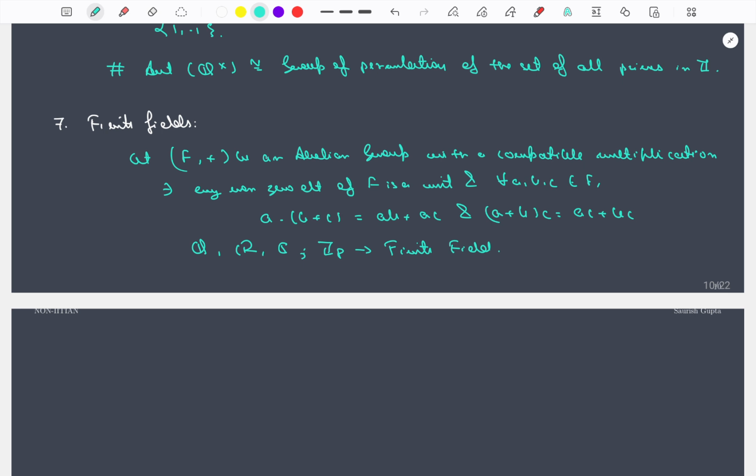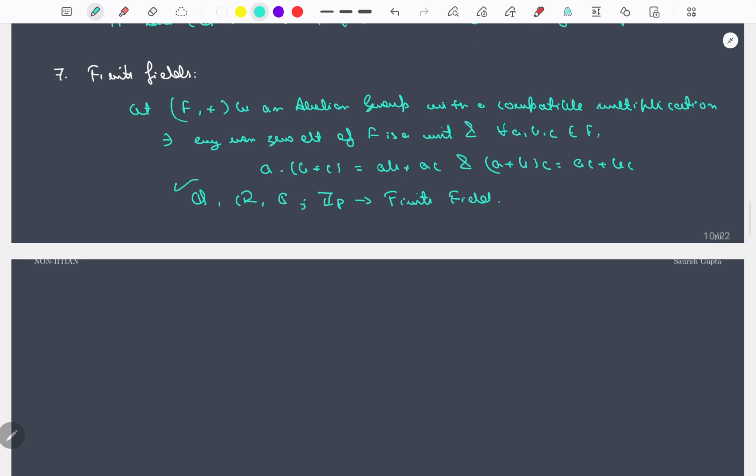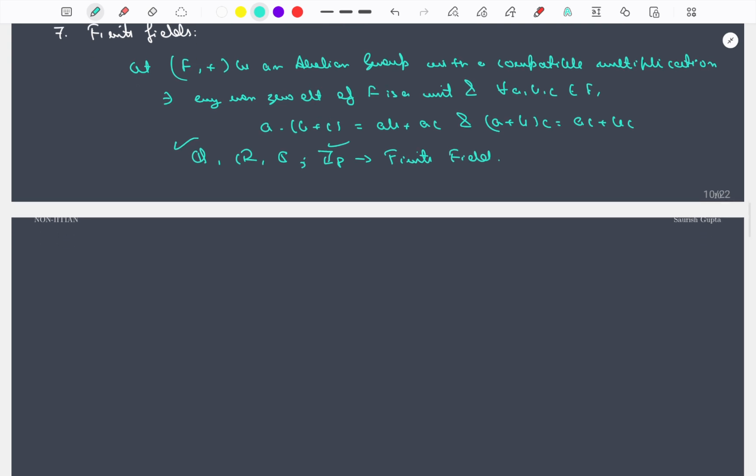And Q is also a prime subfield of all infinite fields, so every infinite field will obviously always contain Q, and these are the only two prime subfields. You will learn more about prime subfields once you study Galois theory or field theory courses at some point of your life.